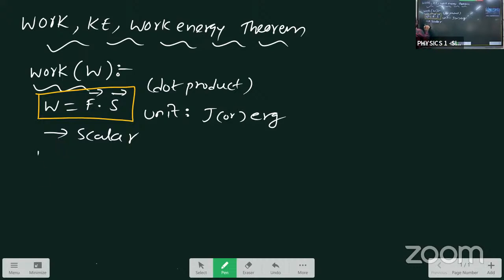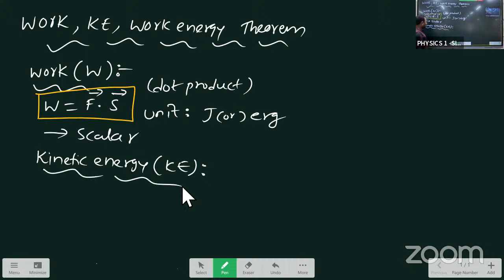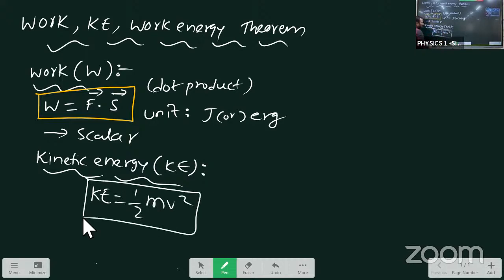Next, kinetic energy. So one more side heading. Kinetic energy. KE equals half mv square, half mu square, either is fine. Kinetic energy means energy possessed, energy gained by a body due to its motion.